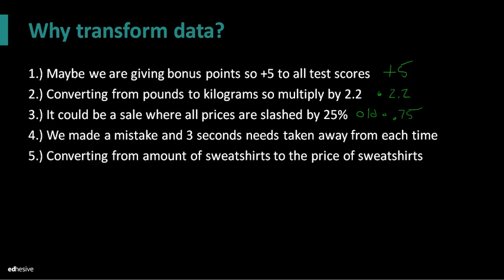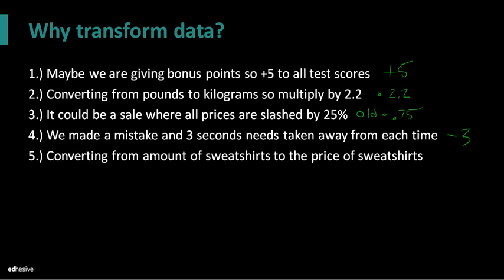We made a mistake and 3 seconds need to be taken away from everybody's time. Maybe we were judging people's times to run a 400-meter dash, and we made a mistake and we have to subtract 3 seconds from everybody's time. That would be subtraction of 3 from everybody's time. And maybe we're converting from the number of sweatshirts to the price of sweatshirts.